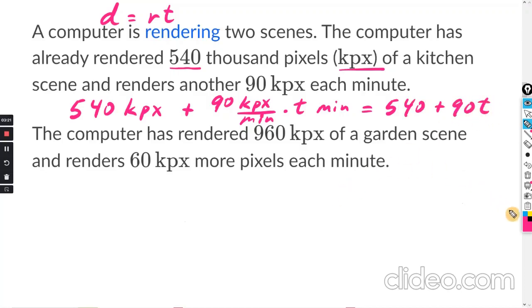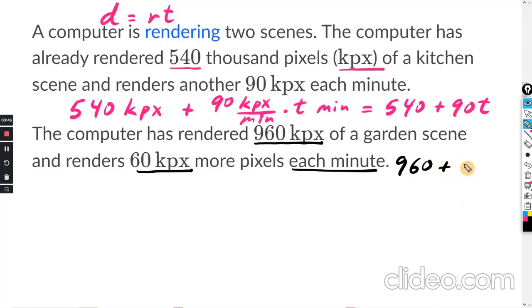Alright, and now for the second formula, this one starts at 960 and it adds 60 each minute. So this one started at 540, this one starts at 960, and it's going to add 60 per minute. So instead of adding 90 per minute, now we're just adding 60 per minute.